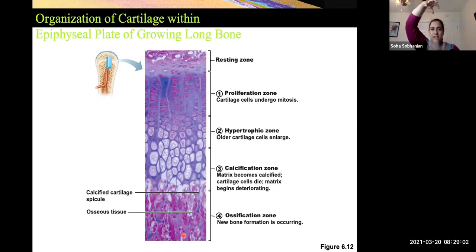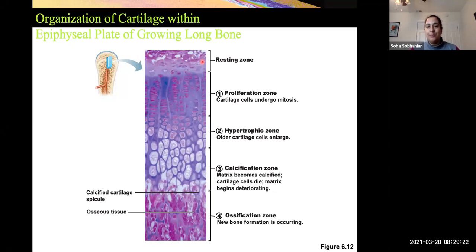So epiphysis up here, diaphysis down here. What we're highlighting in this zoomed-in image would be your epiphyseal plate, which is made up of hyaline cartilage.